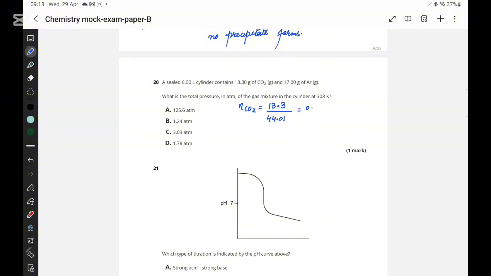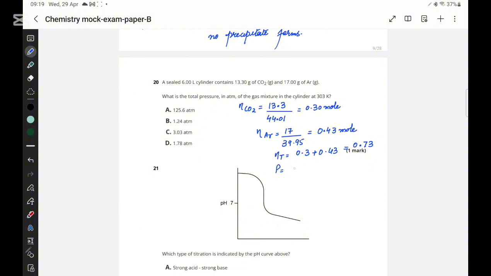That comes out to be 0.30 mole, and for moles of argon it is going to be 17 by 39.95, which is the molar mass of argon, and the answer comes out to be 0.43 moles. So total mole is equal to 0.3 plus 0.43, and the answer comes out to be 0.73 moles.